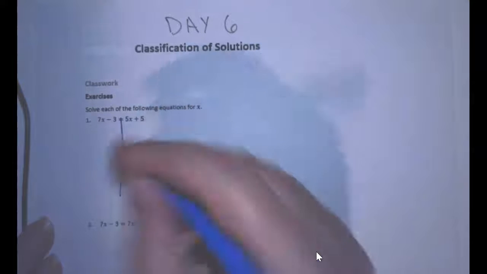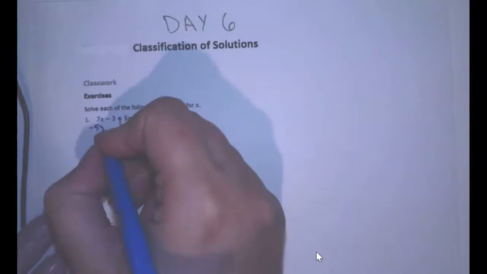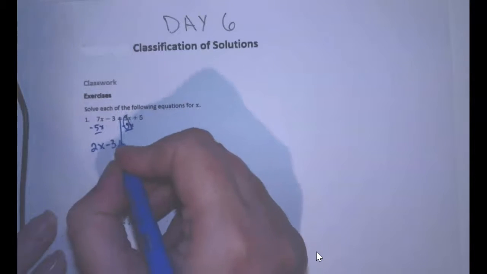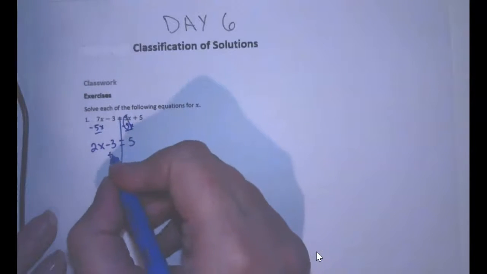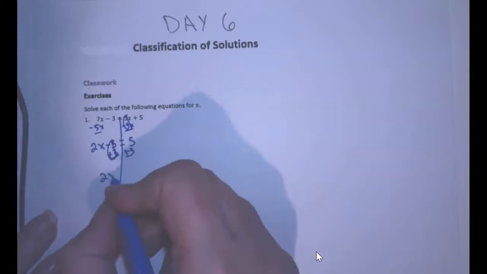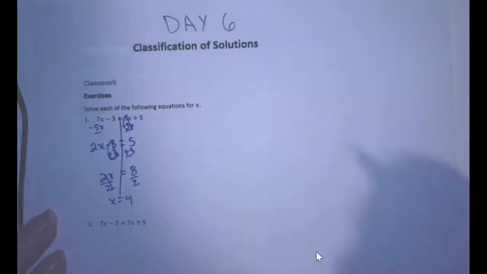First thing here, I'm going to move all of our variables to one side. So 2x minus 3 is 5. Move our constants to the other side. 2x is 8. Divide each side by 2. x is 4.